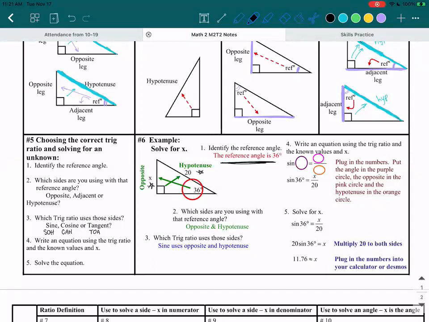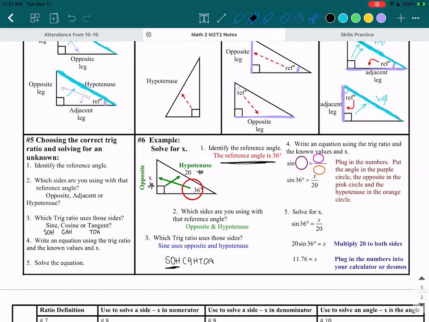Which trig ratio uses opposite and hypotenuse? In SOHCAHTOA, SOH stands for sine, opposite, hypotenuse. So we're using the sine.